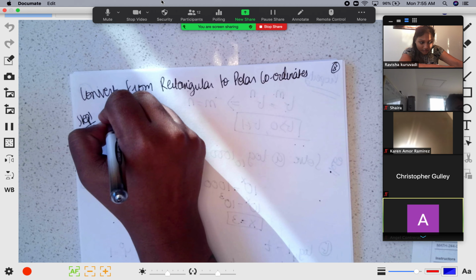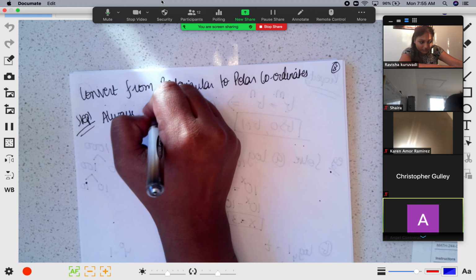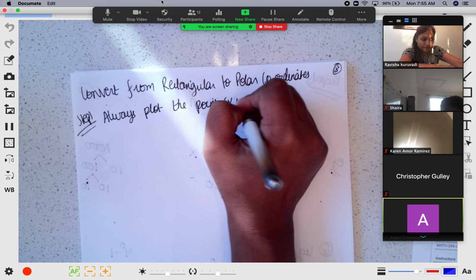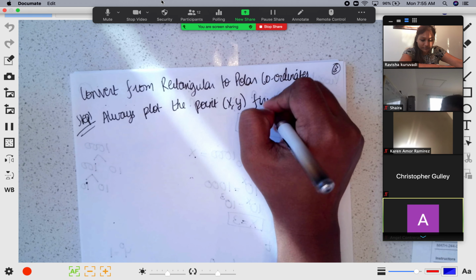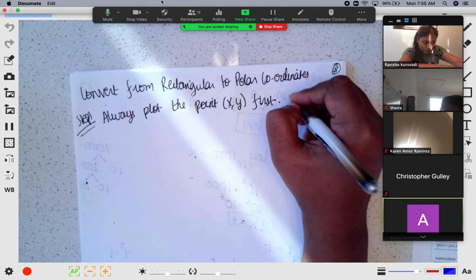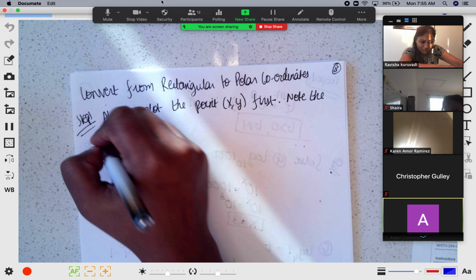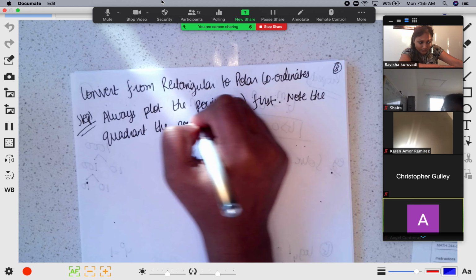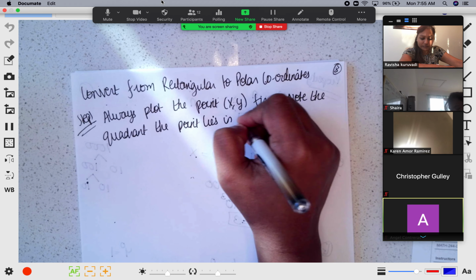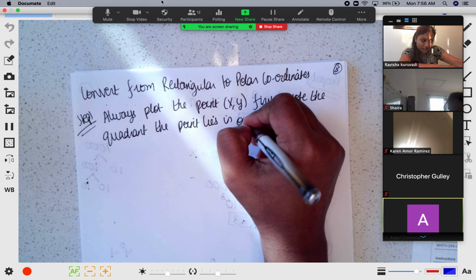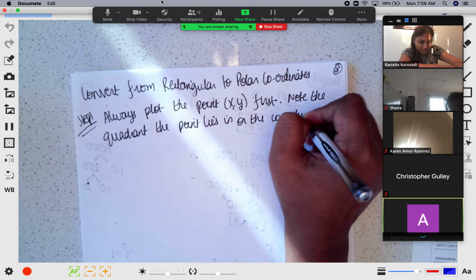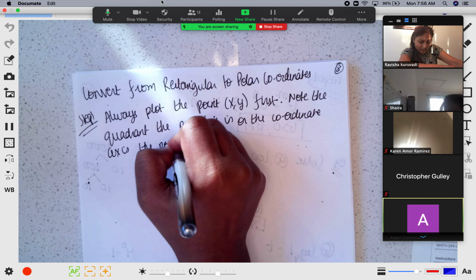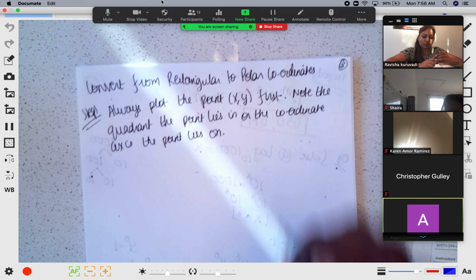Always plot the point (x, y) first, and then note the quadrant the point lies in, or the coordinate axis the point lies on.